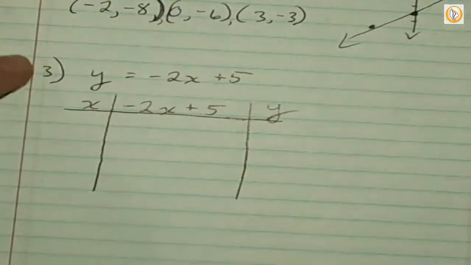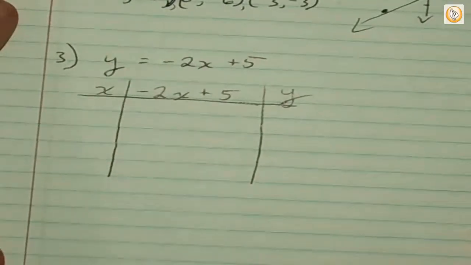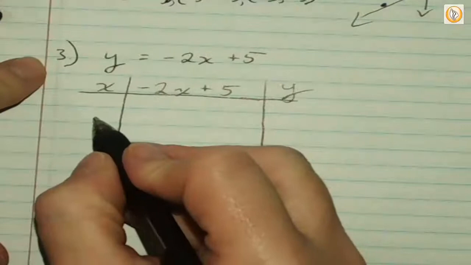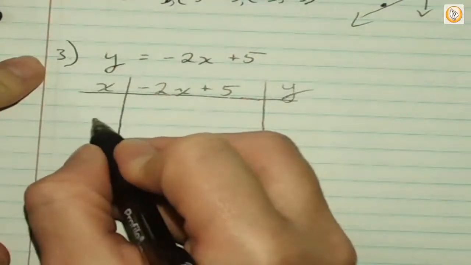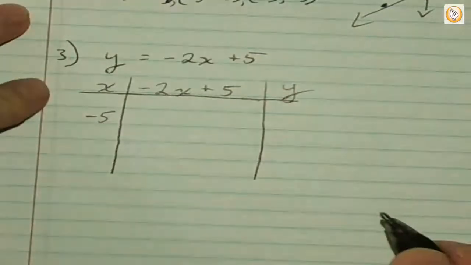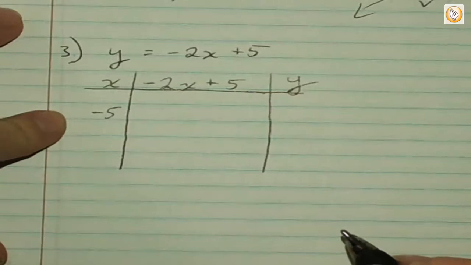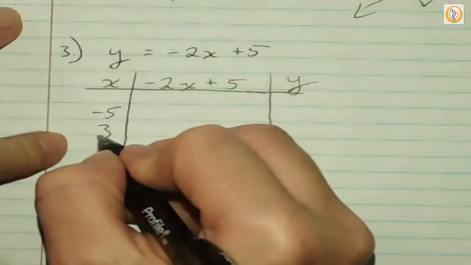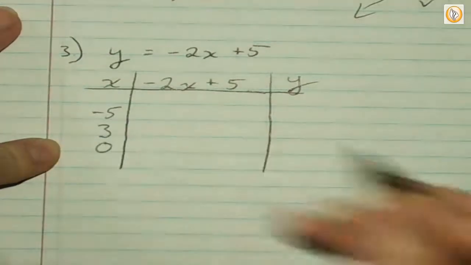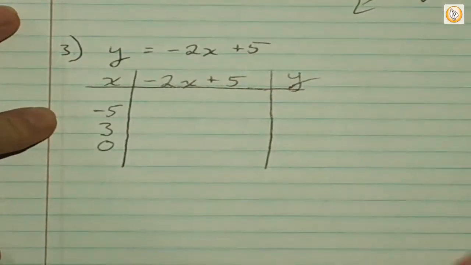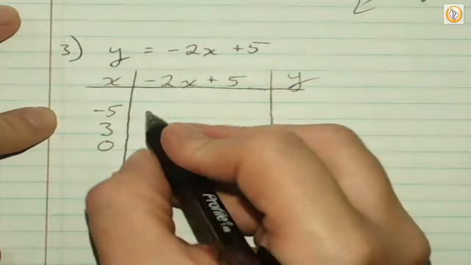Okay, let's see. Chap, name an x. -5. Okay, and Valeria, give me another x. 3. Matthew, give me one. 0.